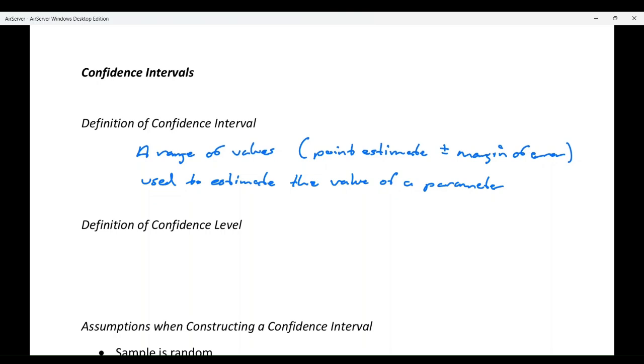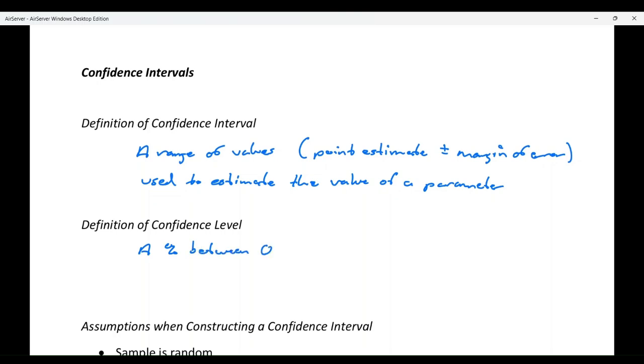Embedded in this idea then is the idea of a confidence level. And again, confidence level says exactly that: how confident am I that this interval that I've created truly captures the actual value that I'm looking for in the parameter? How confident am I, for example, that it truly captures the actual average weight of adult men in the United States?